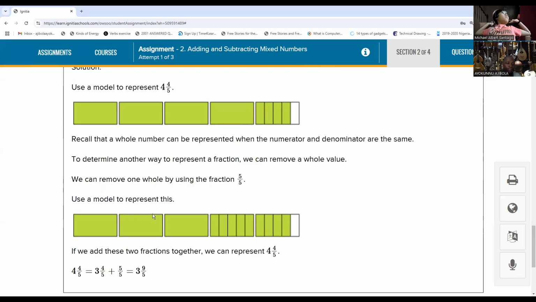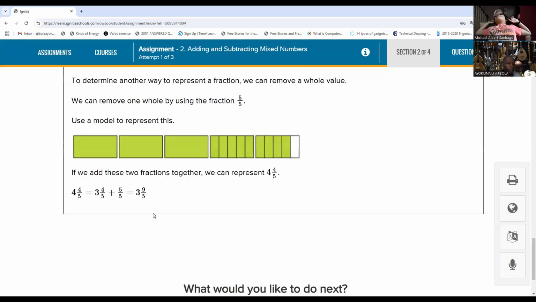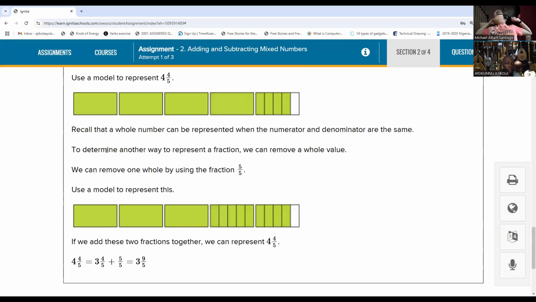So let's see. Recall that the whole number can be represented when the numerator and denominator are the same. To determine another way to represent a fraction, we can remove a whole value. We can remove one whole by using the fraction 5/5.